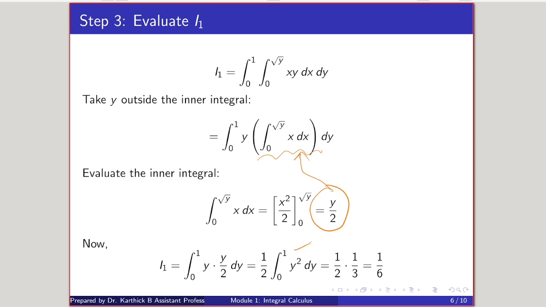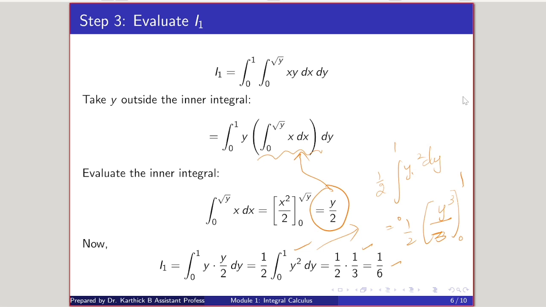On the next step, 1 by 2 integral from 0 to 1 of y square dy will be 1 by 2 into y cube by 3, from 0 to 1. Applying the limits, you get 1 by 3, so the solution will be 1 by 6. So finally you get the integral answer for the first region.